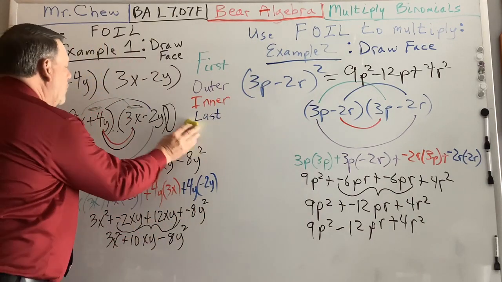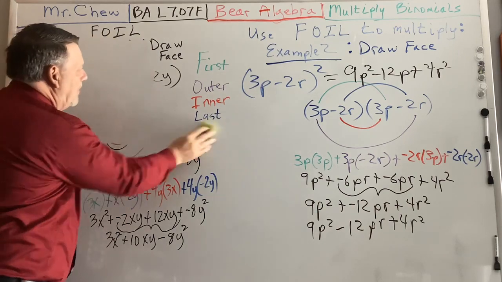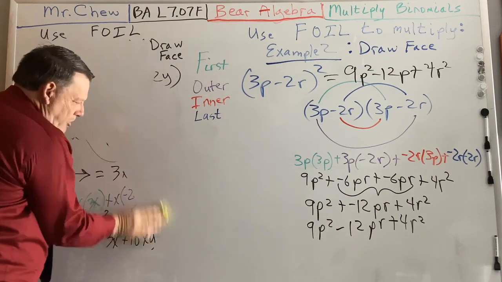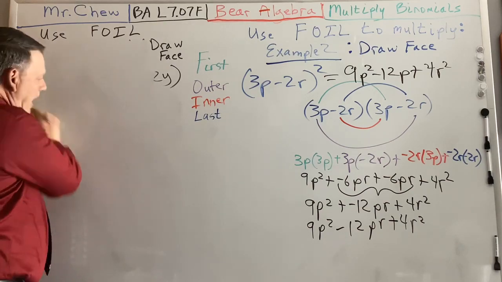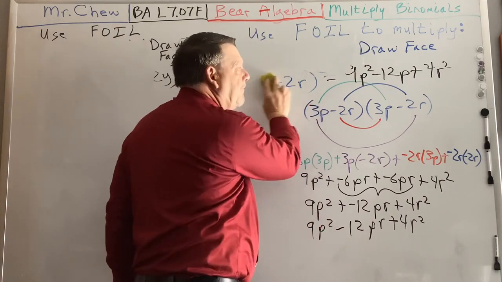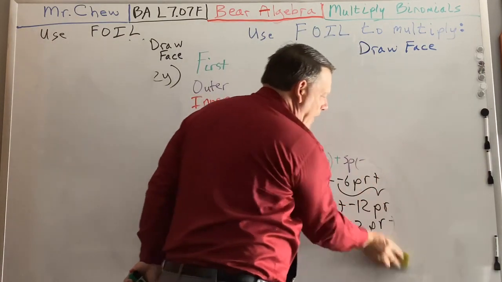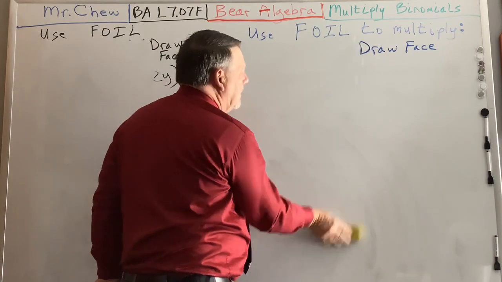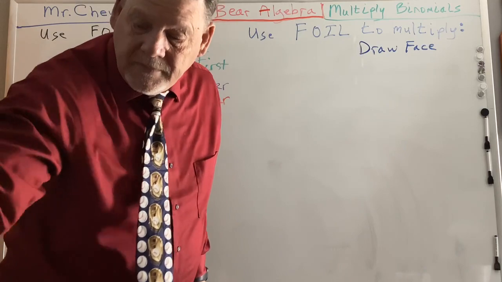All right, so now I'm going to put a couple of challenge problems up here, and we will see if you can work these out. So what does a challenge problem mean? It means you're going to use the FOIL shortcut, and you're going to try to do these problems by drawing the face, using FOIL, and then pausing it while you try it.